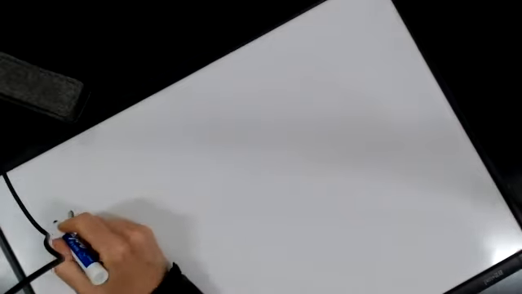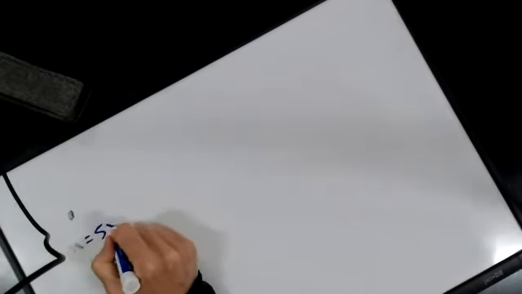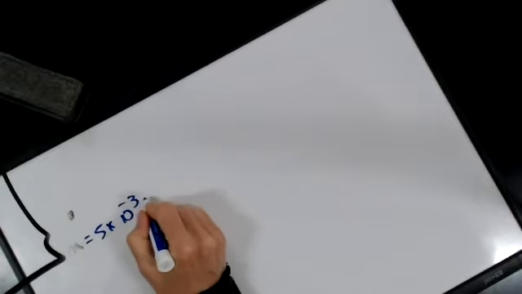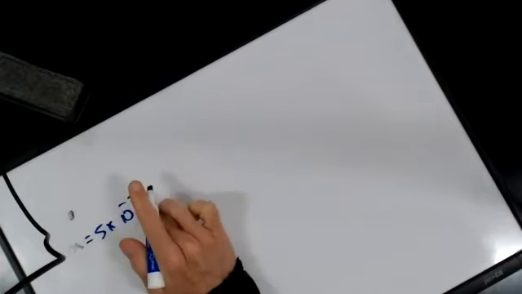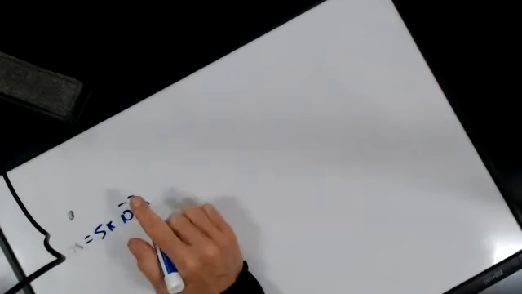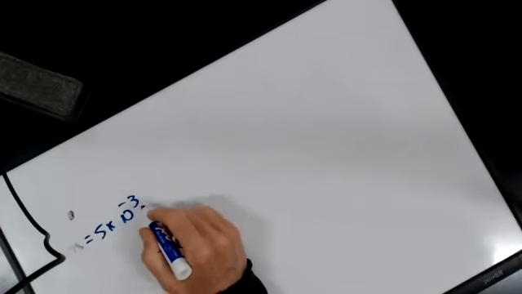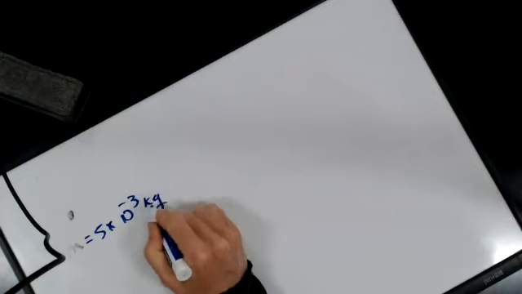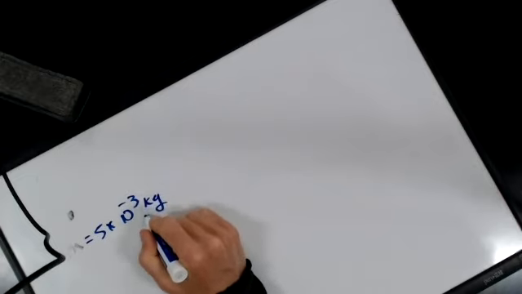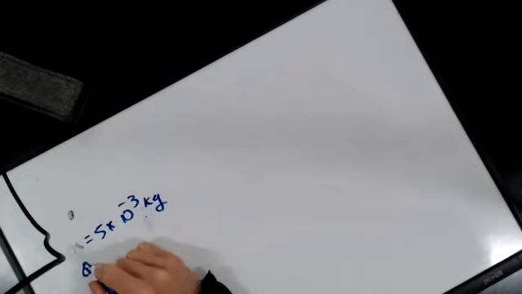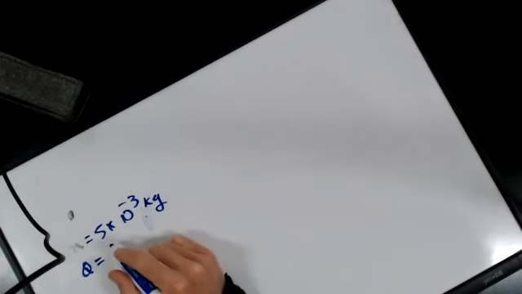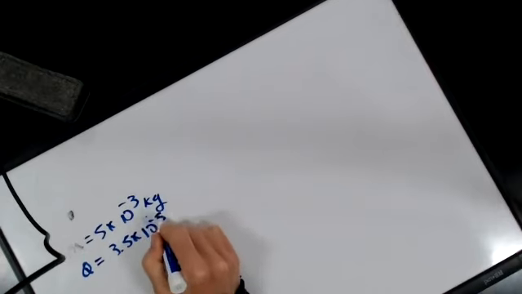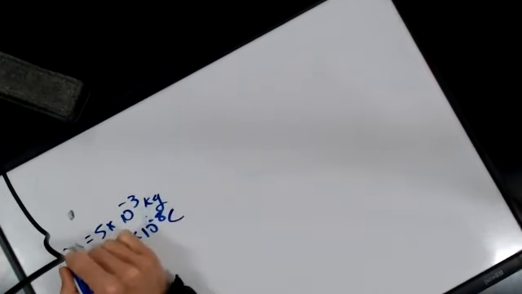Its mass is 5 times 10 to the minus 3 kilograms. And its charge is 3.5 times 10 to the minus 8 coulombs. So that was its mass, and that was its charge.